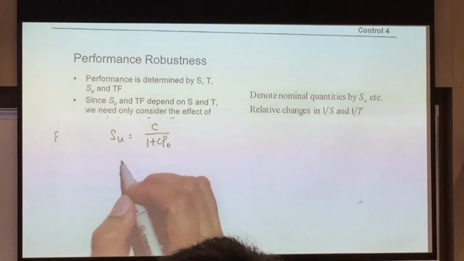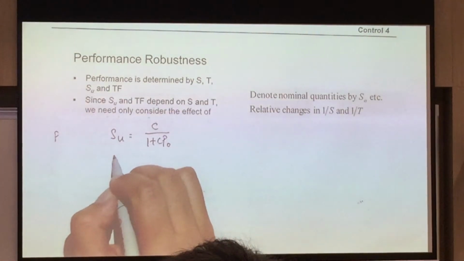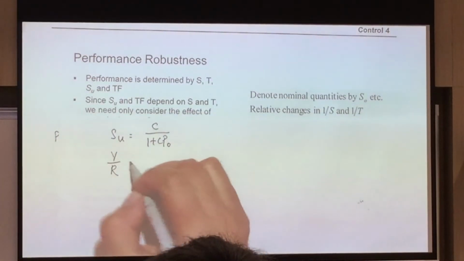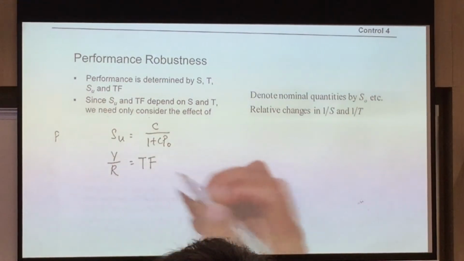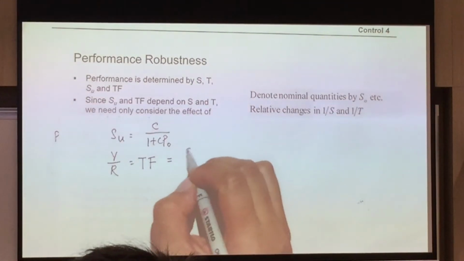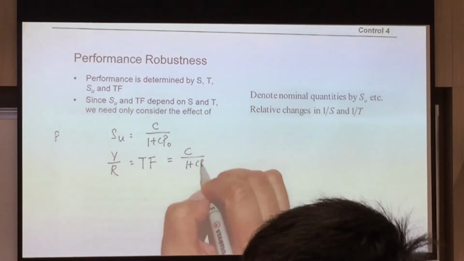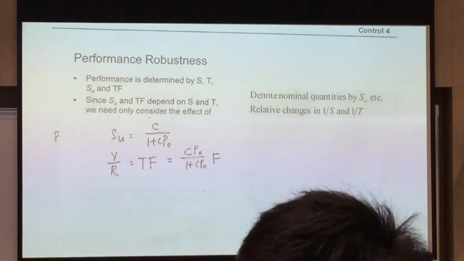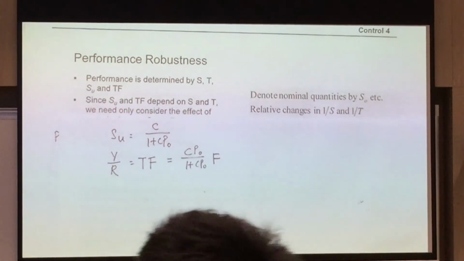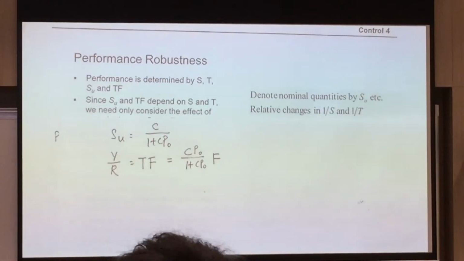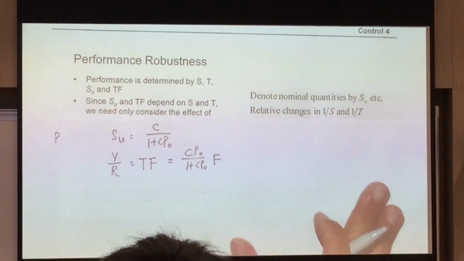Y over R, which is your overall response, is the complementary sensitivity, which is Cp naught over 1 plus Cp naught.